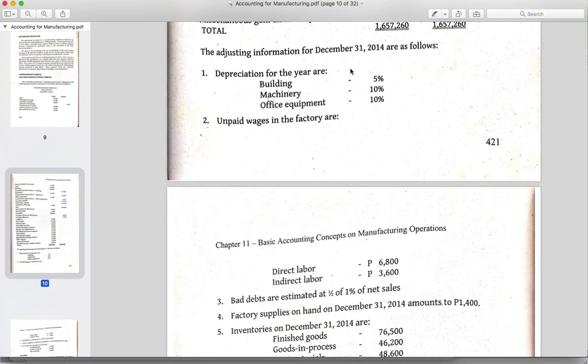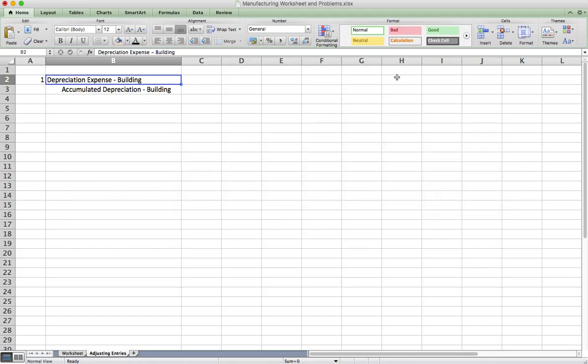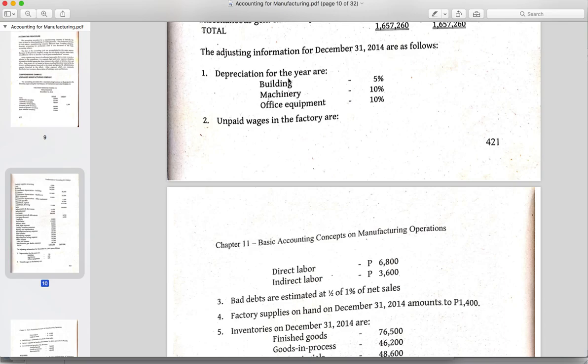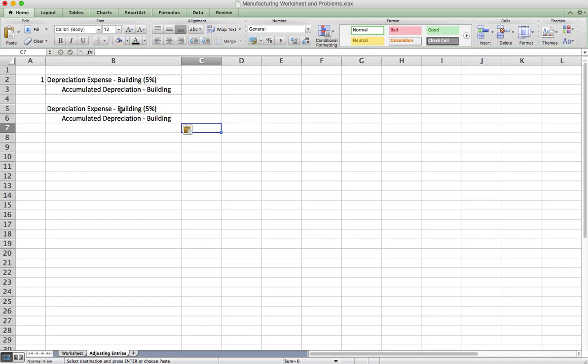Pag nakakita kayo ng ganito class, sa cost nyo yan i-multiply, hindi sa carrying value. Nakachain ako. So, this is 5%. Lagyan natin dito para hindi natin malimutan. Mamaya natin compute. Gayahin natin tong entry na to. Ano pa yung depreciation, machinery, and office equipment.